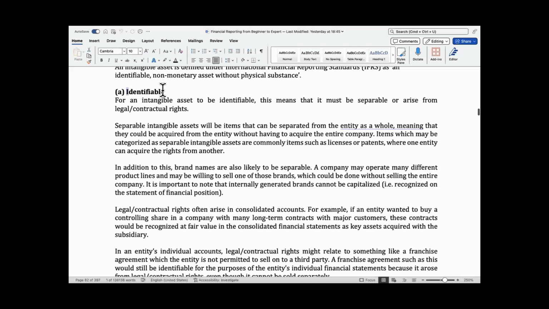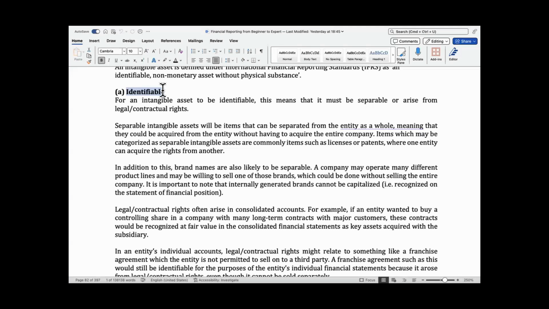So intangible assets must be identifiable. And identifiable means that we can identify them because they are separable. That's one. It's something we can sell, like a license, like a patent, like a trademark. Or if you cannot sell it, it must have arisen from legal or contractual rights, like a franchise in a company that has paid to use the name of a bigger company, like the Apple example that I gave you.